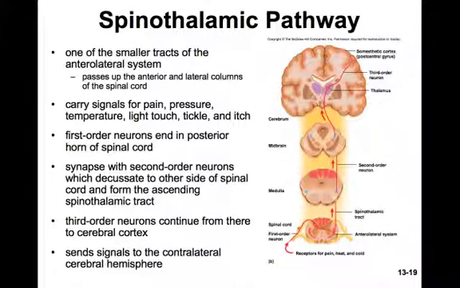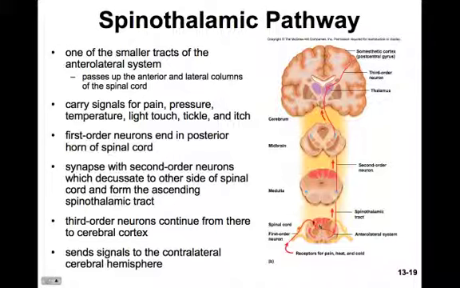The Spinothalamic Pathway is one of the smaller tracts in the anterolateral system, as in on the anterior lateral side. It carries signals about pain, pressure, temperature, light touch, tickle, and itch. Their first-order neurons end in the posterior horn of the spinal cord.